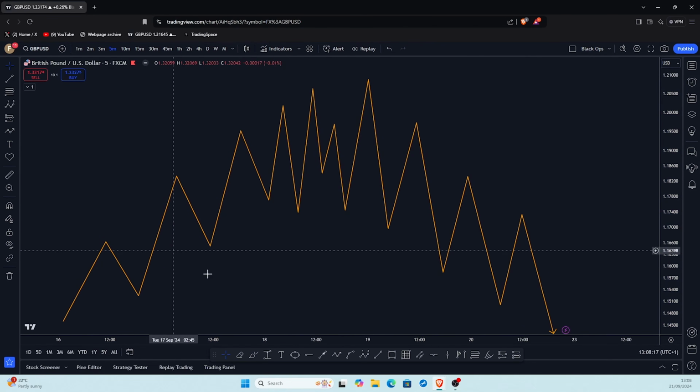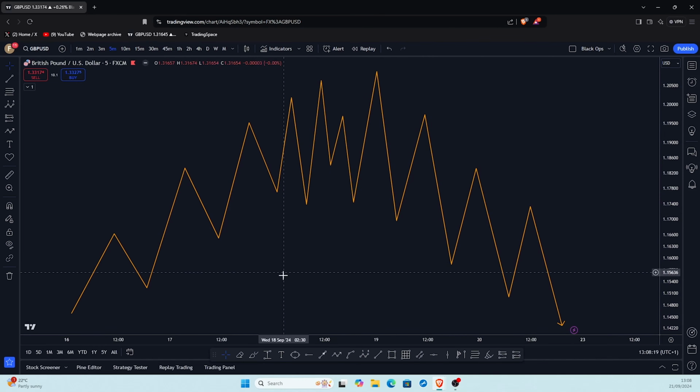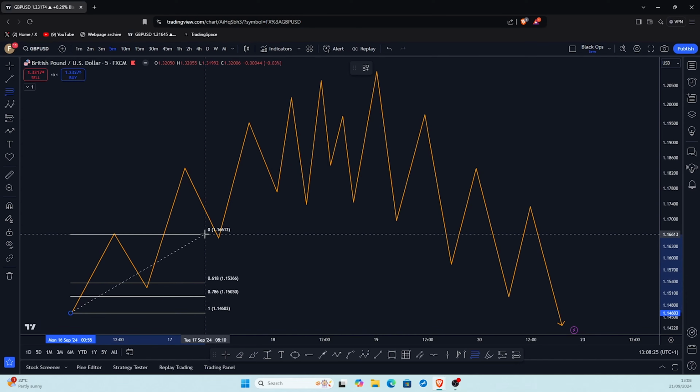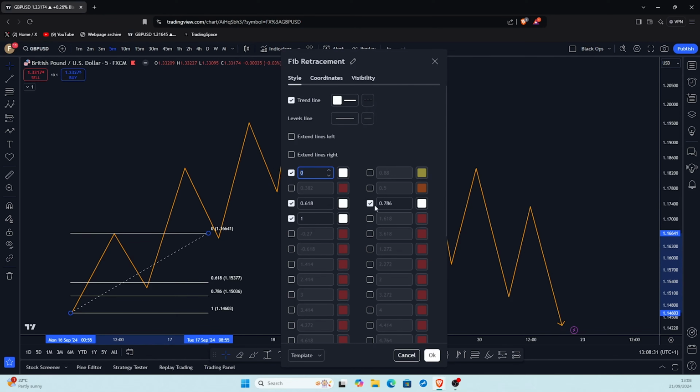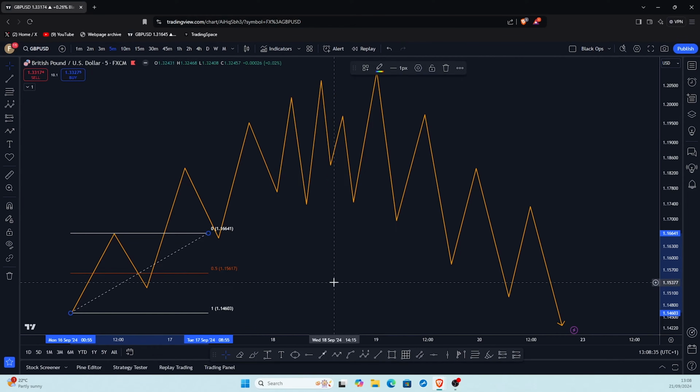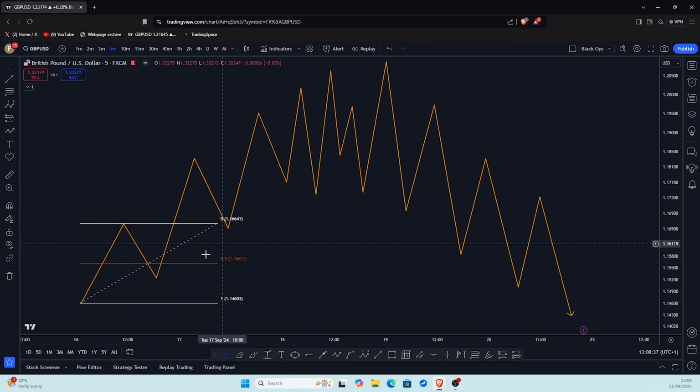So how do we understand this price action? One way we can do this, and it's very simple, is we just use price ranges. A price range is essentially your Fibonacci, like this, but we're going to tweak it. We're only going to show the 0.5 level, because we want to see if this retracement is a strong, good retracement.